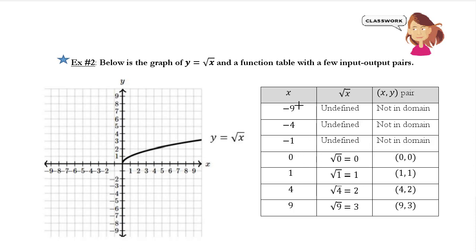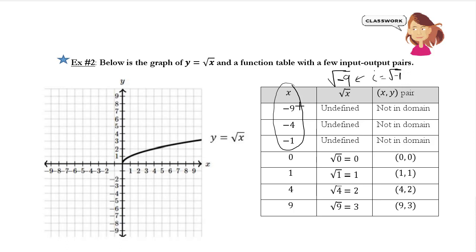One thing is that when x values, as we see right over here, are negative, the function value is undefined because the square root of -9, for example, is not a real number. In order to interpret this, we're going to need the imaginary number i, which is the square root of -1, and we are not talking about that today.